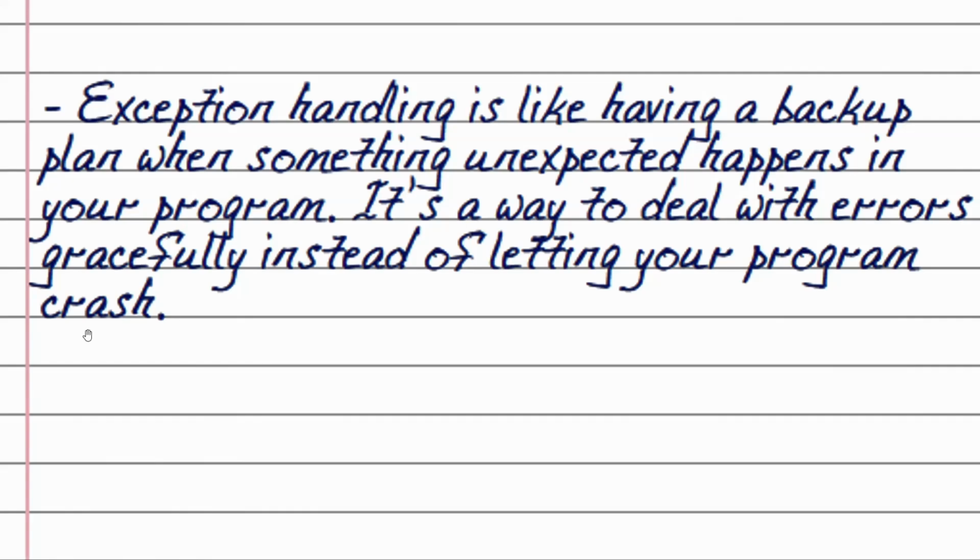Then our file will not be lost, because as we make updates in our project, it is saved automatically, so no need to worry. This is how we can handle the exception, and exception handling handles the error very efficiently.